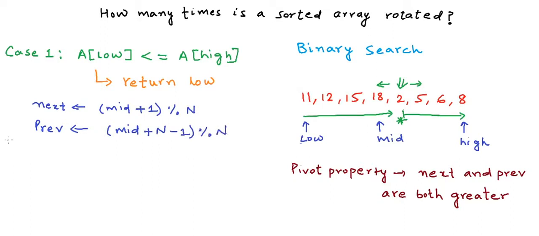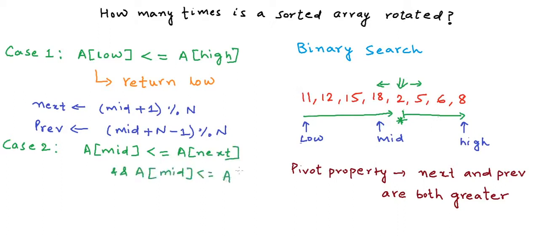So our case 2 is that a[mid] is less than or equal to a[next], and it's also less than or equal to the previous element in the circularly sorted array. If this is the case, once again we have the pivot or the minimum element in the array, so we will return the index mid.